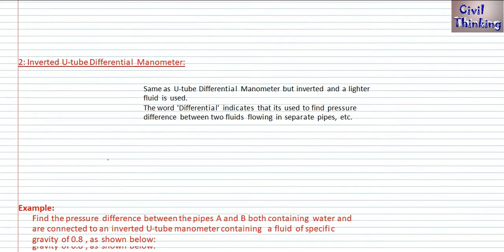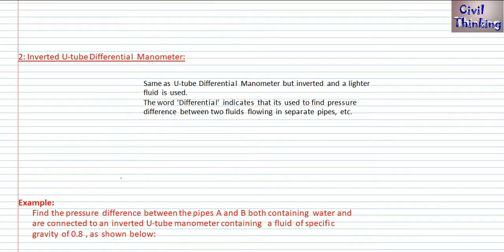Now let's talk about the inverted U-tube differential manometer. I have already told you inverted manometers are something like this, or like this, things like that. We use a lighter fluid, because the differential manometers already have one inbuilt fluid.